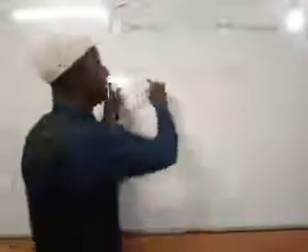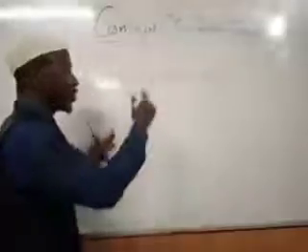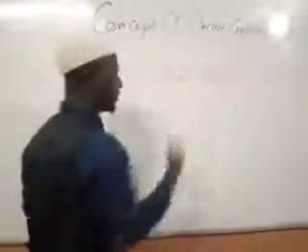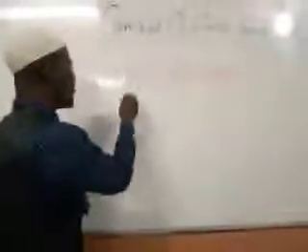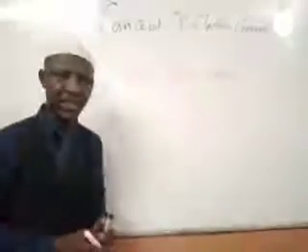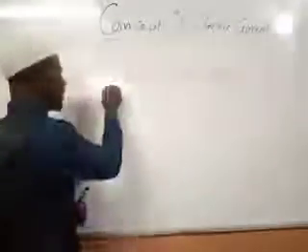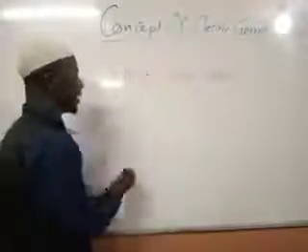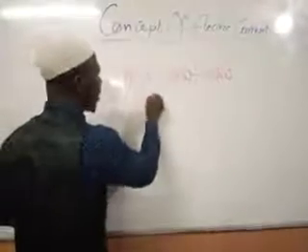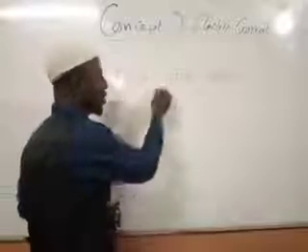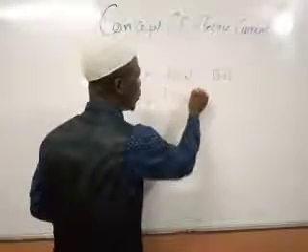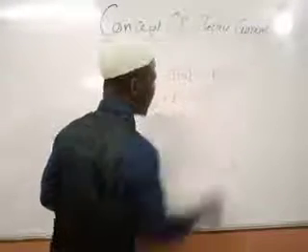Since they are in series, they are joined end to end, so we are going to find the effective resistance. Sometimes we call it effective resistance or total resistance in the circuit. We now say total resistance in the circuit is equal to R1, that is resistor 1, plus R2 plus R3.